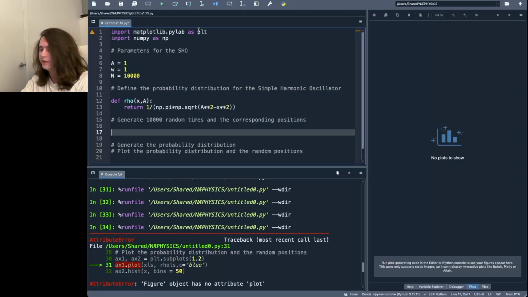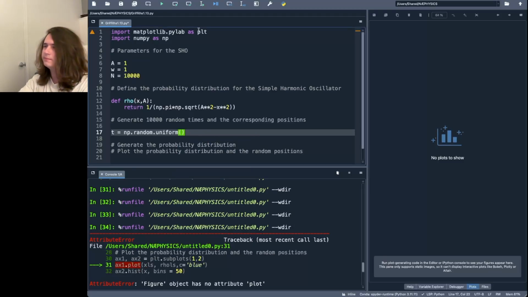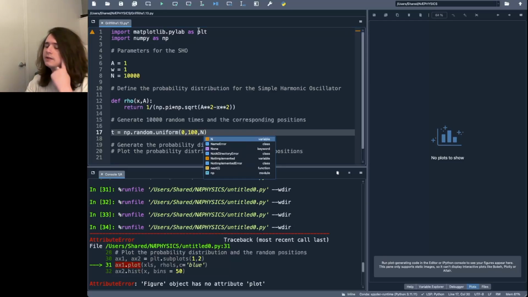We're going to get our time from numpy.random, using the uniform distribution between 0 and 100 seconds. I think that'll be fair enough, for 10,000 times.